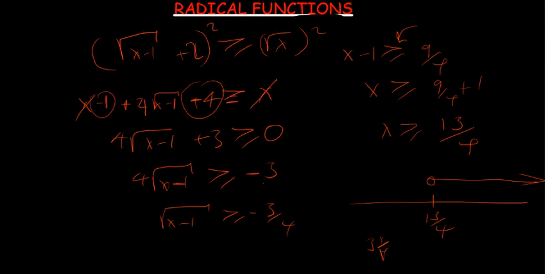So if we get a 4, we put here, that will be 4 minus 1, which will be a 3. So that will be root of 3 and then plus 2. And we want that to be greater than or equal to the root of x. And in this case, we have gotten a 4, that is the root of 4. Now, the root of 3, I don't have a calculator. I don't know if anyone has a calculator.